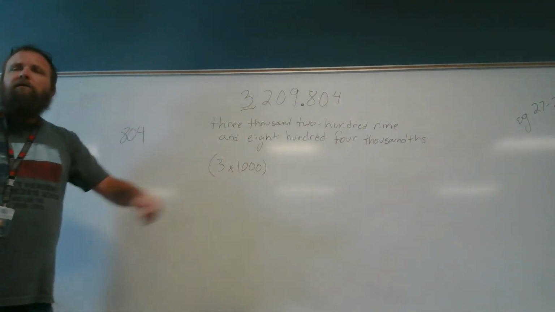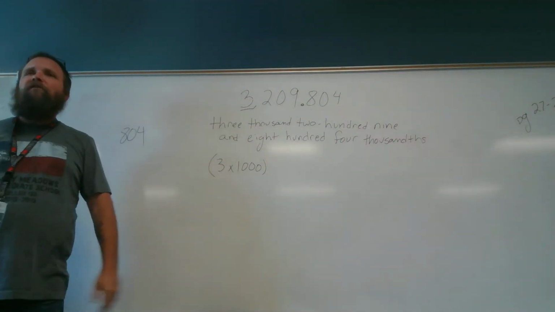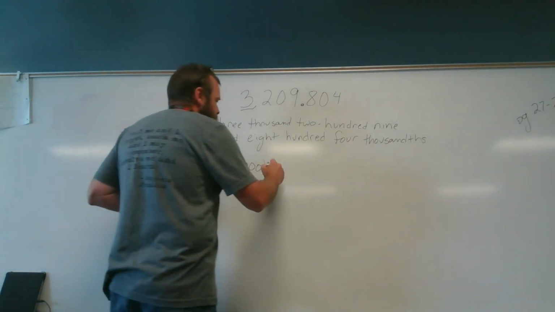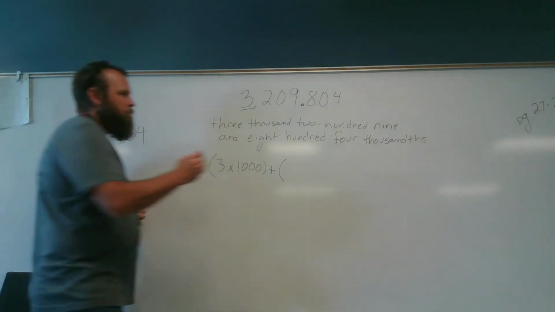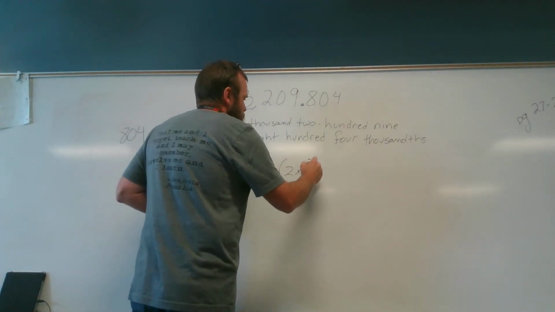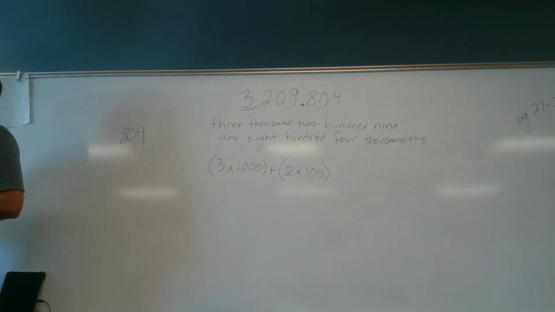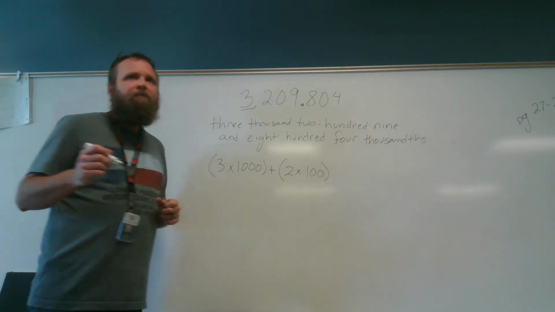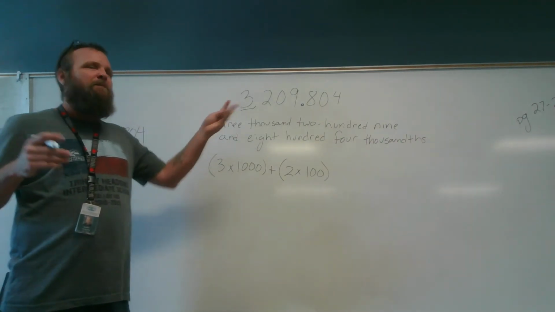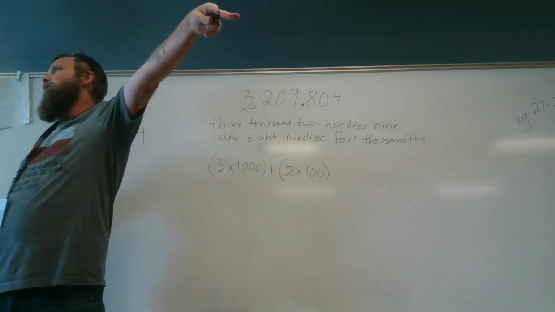What's the value of that? 3,000. Plus what, Ryan? 2 times 100, because that would equal 200. What's next, Ryan? 0 times 10. That's just going to give us 0, right? So if there's a 0, we just skip it and go to the next number.